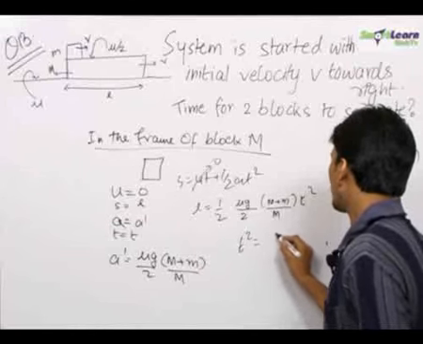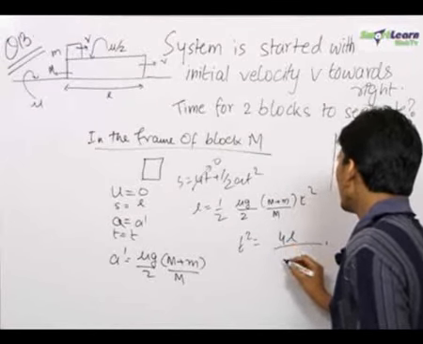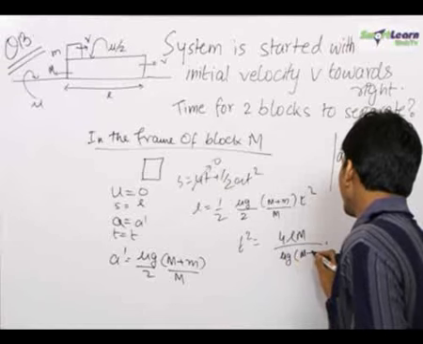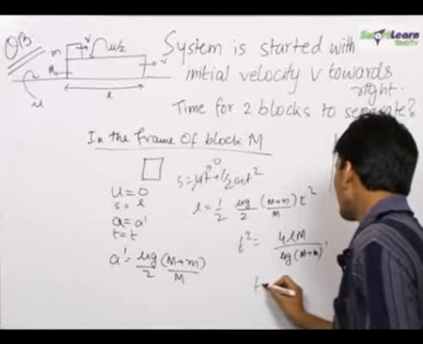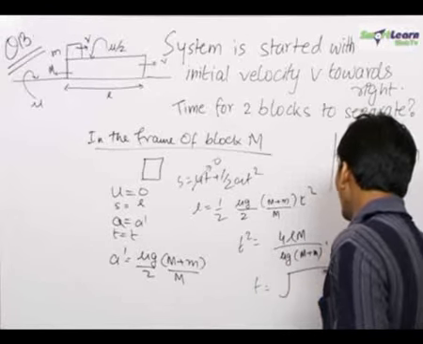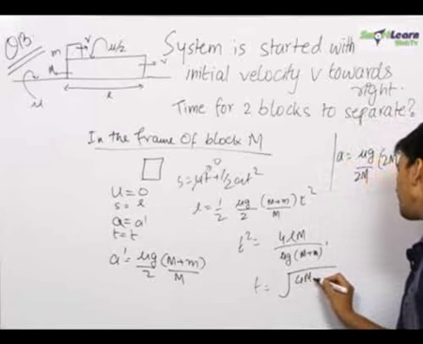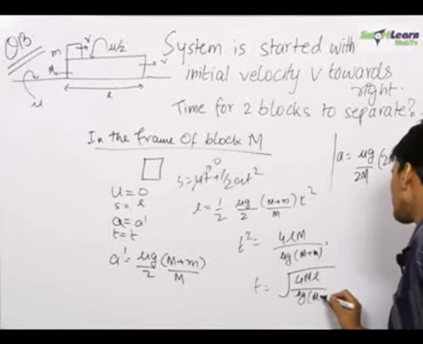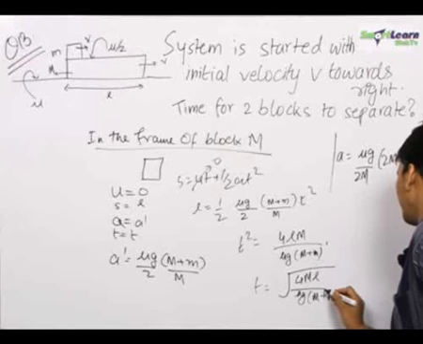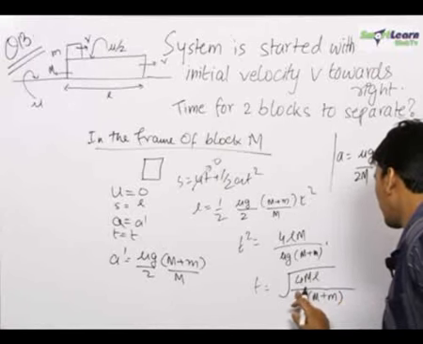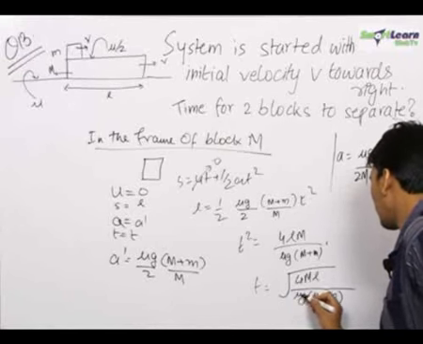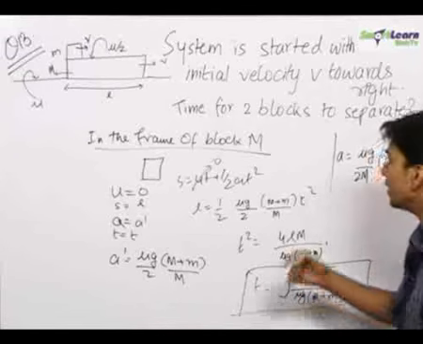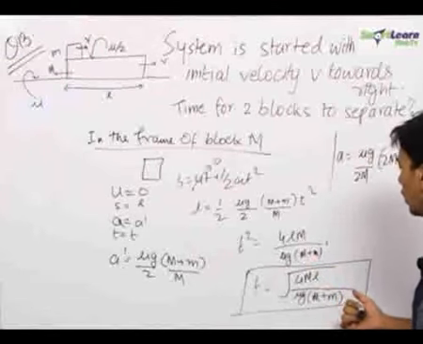T square becomes equal to 4LM upon mu g into (M plus m). So the time taken becomes equal to the square root of 4ML upon mu g into (M plus m). So this is the final answer for the time taken by the upper block to leave the lower block.